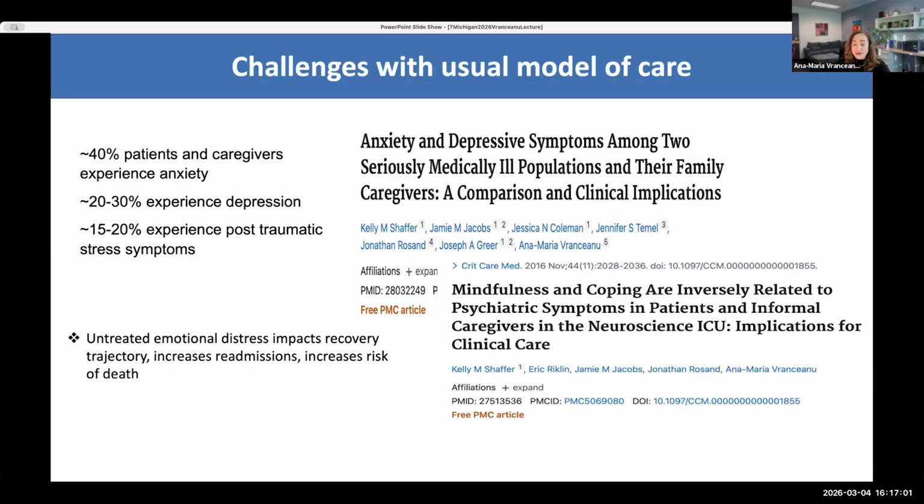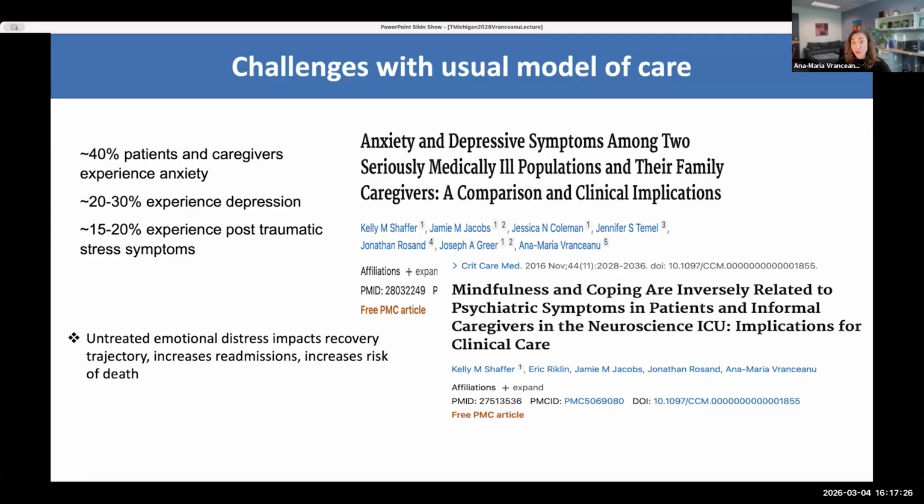Within the current model of care, we're really missing this important opportunity to positively impact the recovery trajectories of patients and prevent negative health sequelae in both patients and caregivers. A lot of the work that we started to do was to try to shift this model of care from biomedical to biopsychosocial, where it's not enough for patients and families to survive.